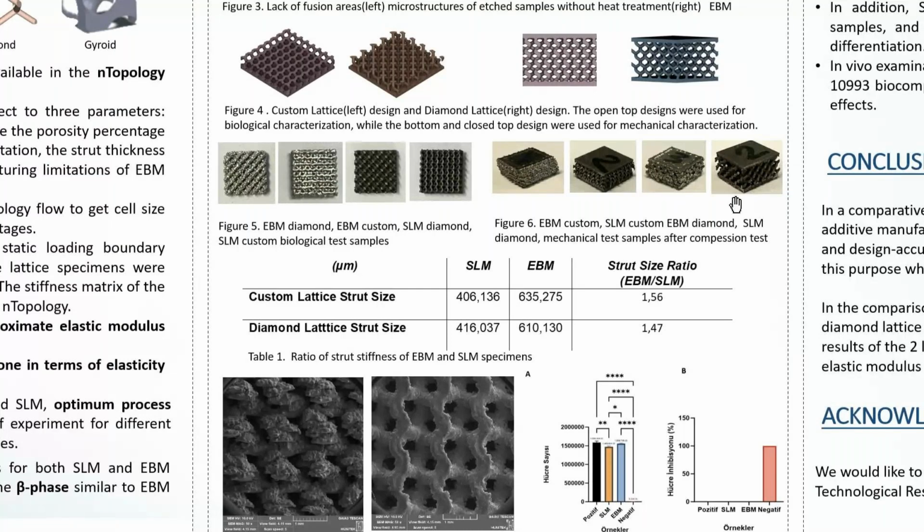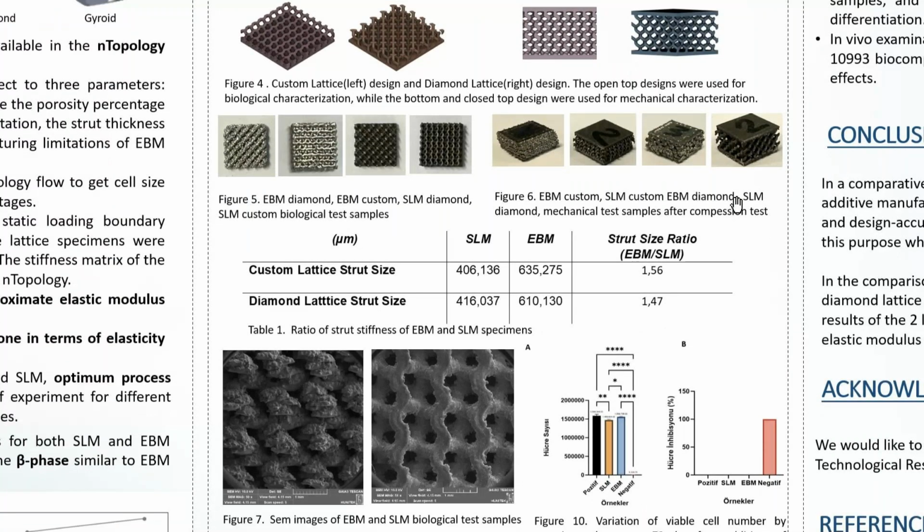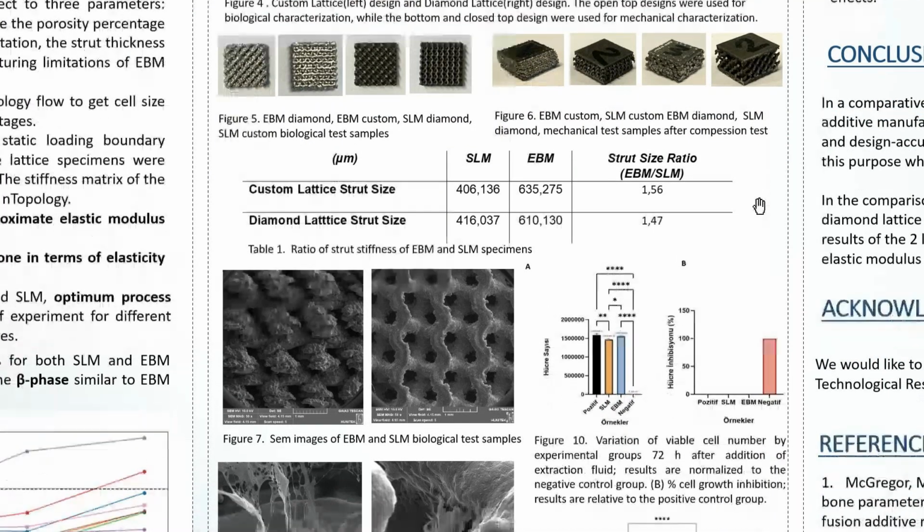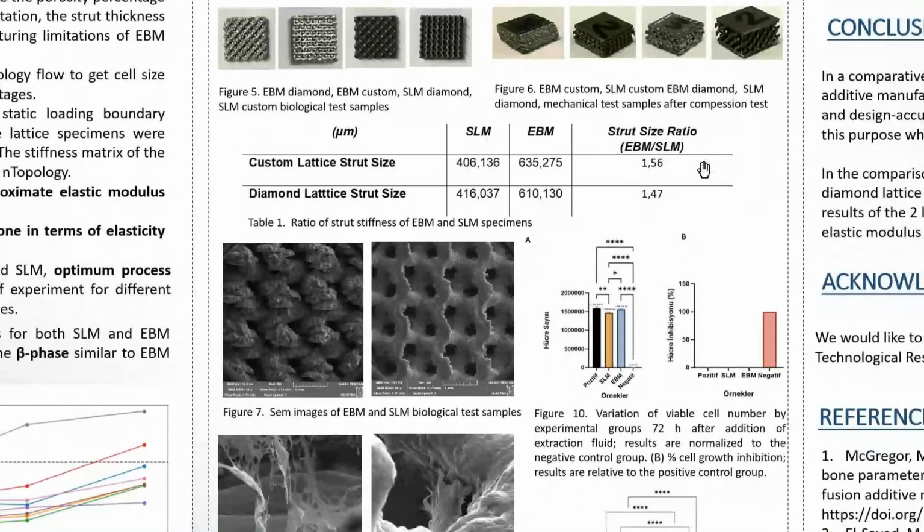The images show us that the EBM samples are thicker. The strut thickness we designed was 0.4 millimeters, but when we measured the strut thicknesses of the EBM samples, they were around 600 microns.